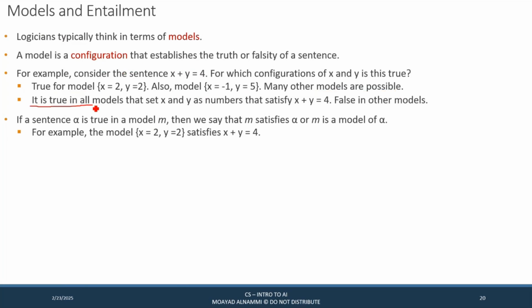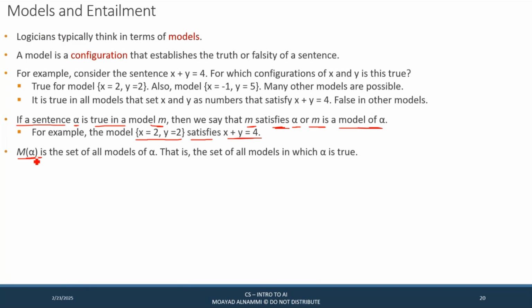So we can say that it is true in all models that set x and y as numbers that satisfy the semantics here, and false in other models. If a sentence alpha is true in a model M, then we say that M satisfies alpha, or M is a model of alpha. So for example, the model x equals 2 and y equals 2 satisfies the sentence x plus y equals 4.